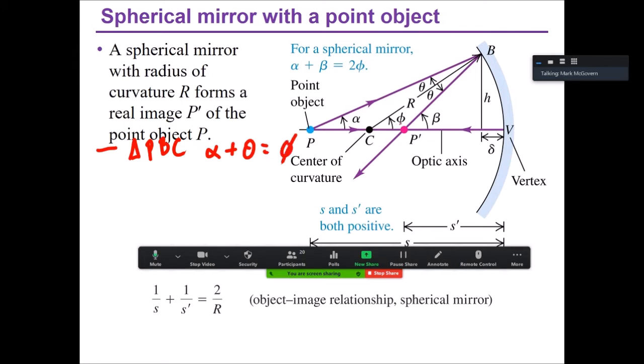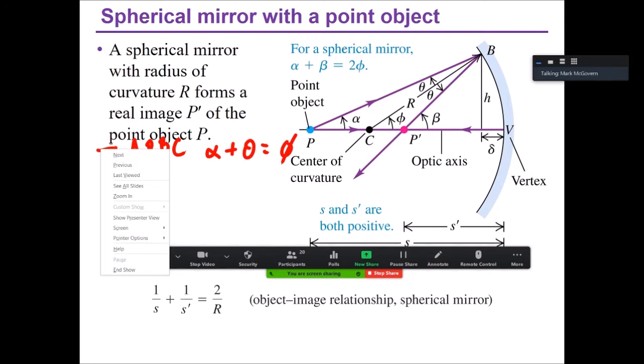That's just a property of triangles: the angle opposite the supplement is equal to the angle out here. You can see that because if you add up alpha plus theta plus 180 minus phi, the 180s drop out and you end up with this relationship. So we have that first.